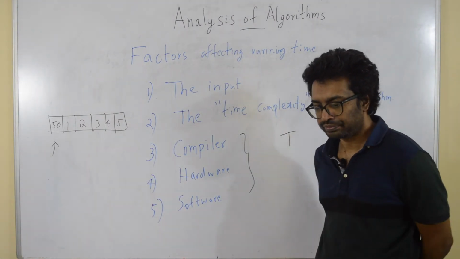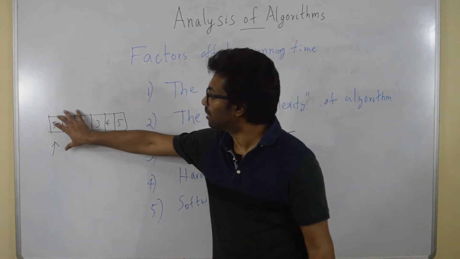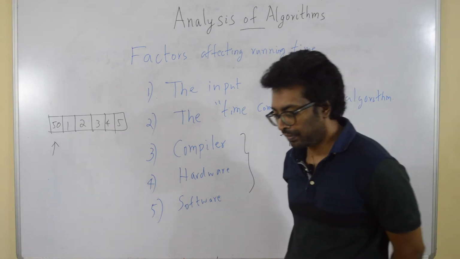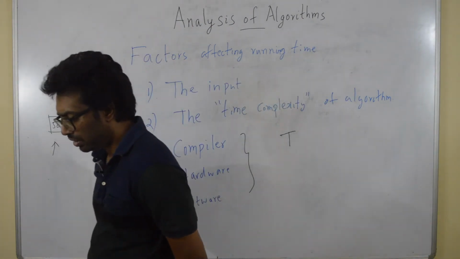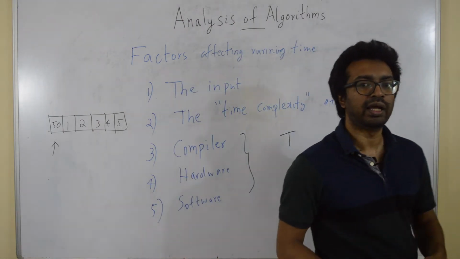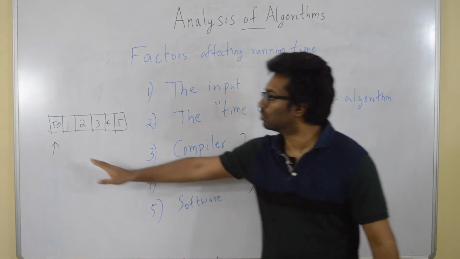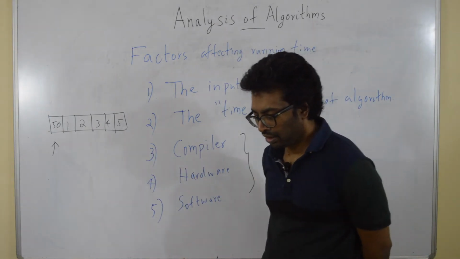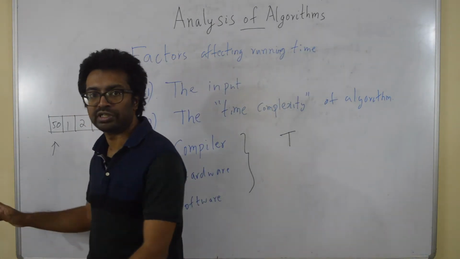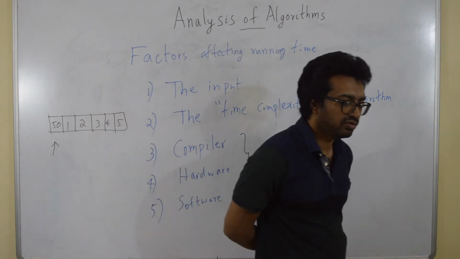But that's not an algorithm which works on any general array, right? So if your problem is to take an array and return its maximum element, you will obviously have to go through the entire list. No matter which n elements are there, you will have to go through the entire list of n to find the maximum element.